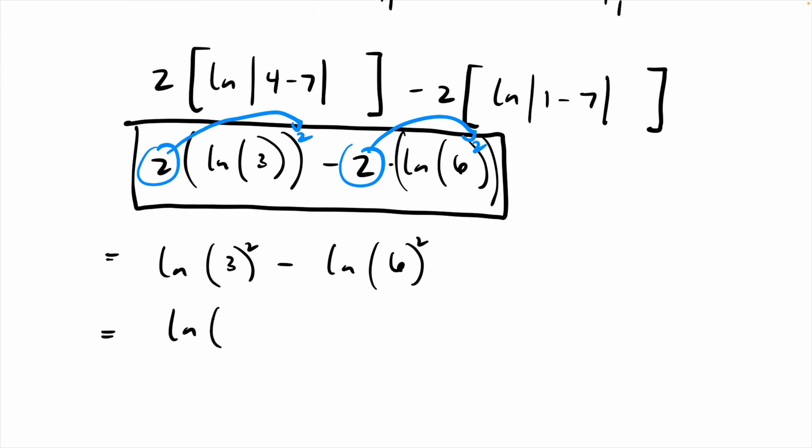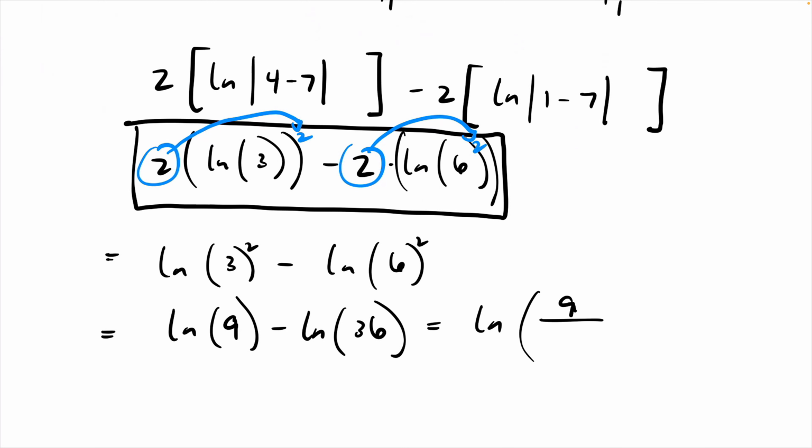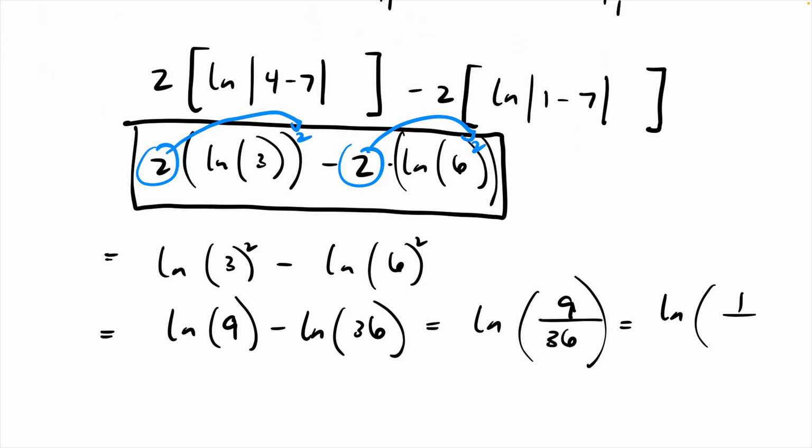So it's really the natural log of 9 minus the natural log of 36. And then you can use another log property to say, instead of subtraction, you use division. And then I reduce that. It would be 1/4.